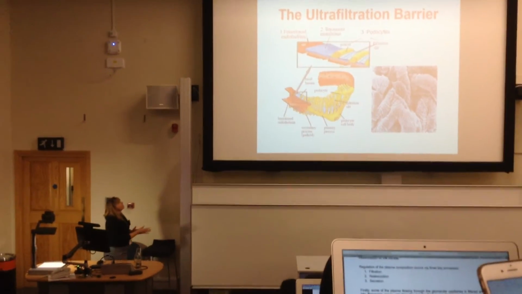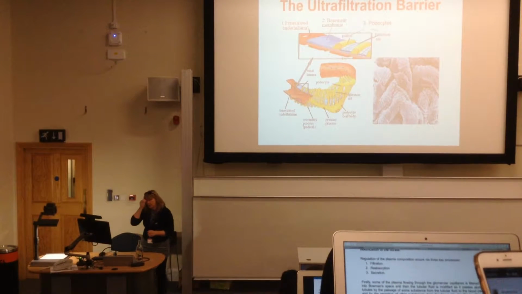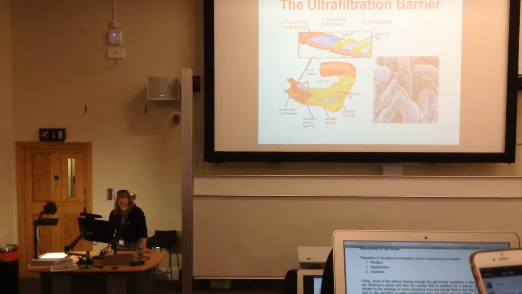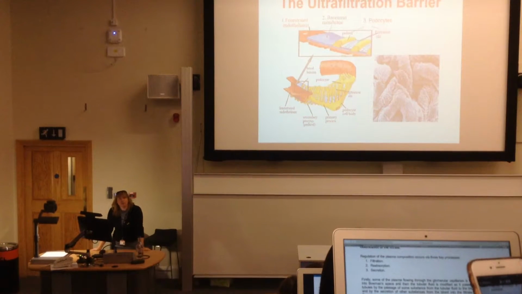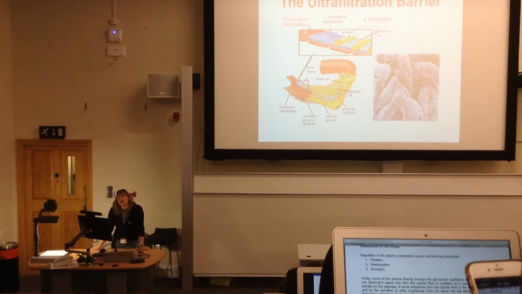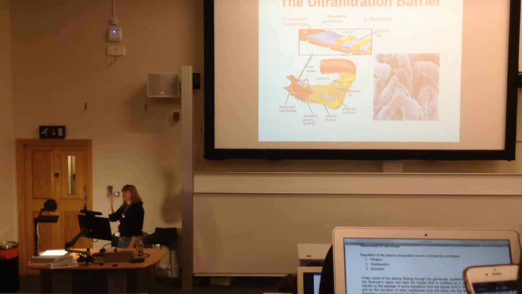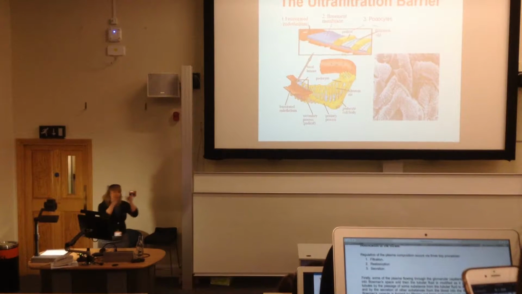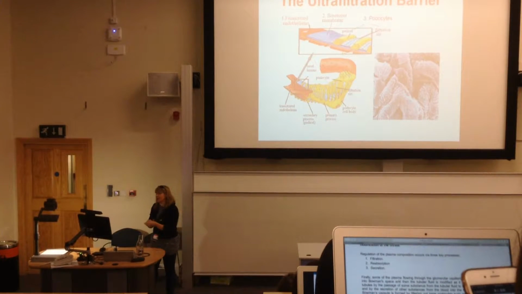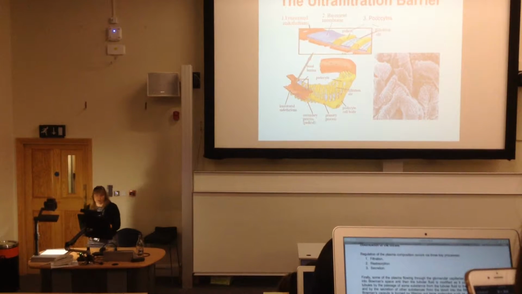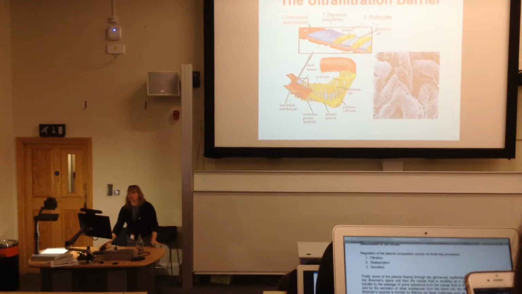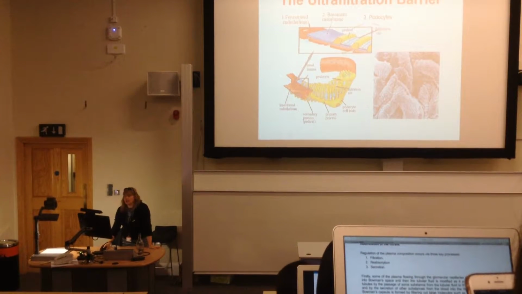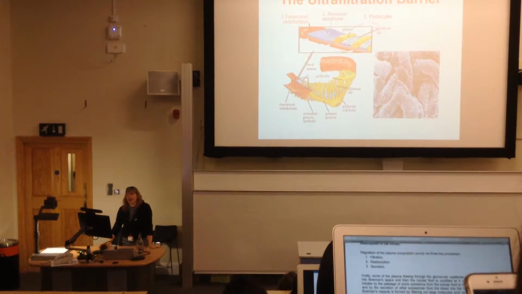When we look closely at the filtration barrier, we see that within the kidney it has a fenestrated endothelium. Now we've got fenestrated endothelium in a number of key areas within our body. For me, as an endocrinologist, I think of them being present in the brain as a way of filtering all those lovely neuropeptides down into the periphery into the body. But in the kidney, we use it as a filtering process where the endothelium lining the capillaries have holes in them.